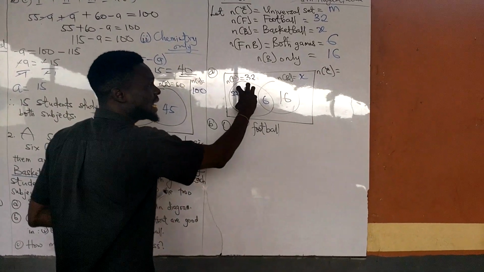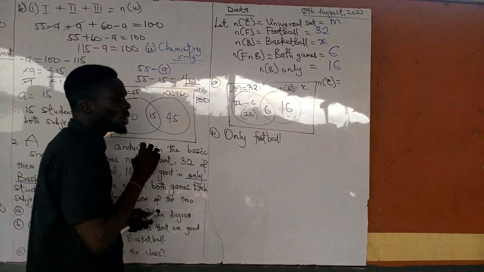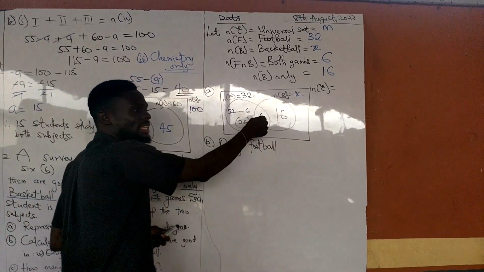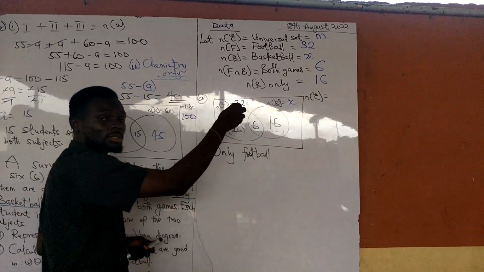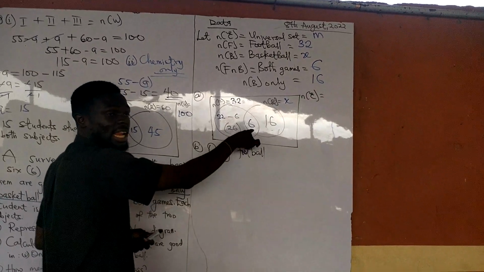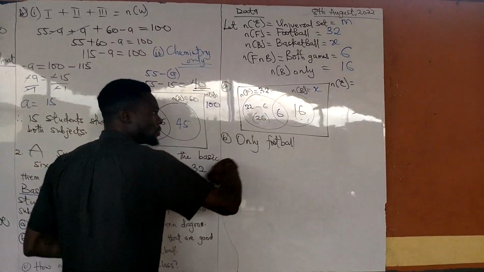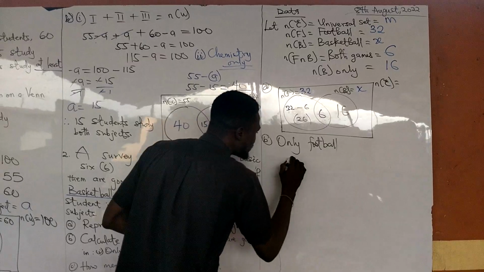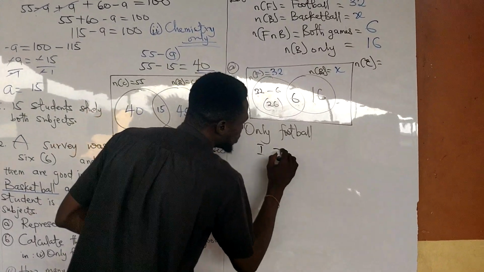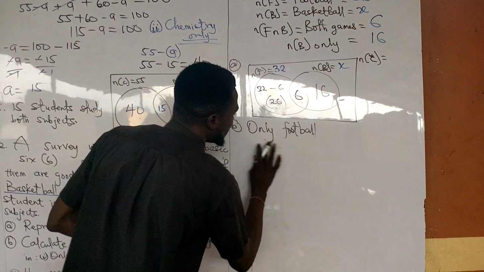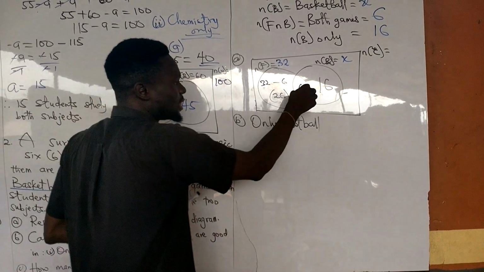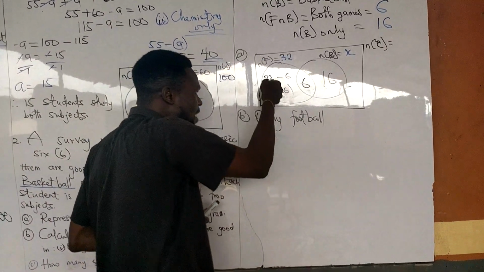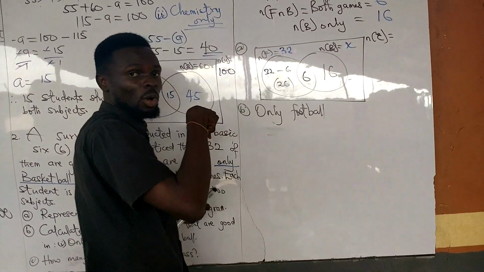So to calculate this region, which is only football, we are going to subtract the intersection region from everything we have for football.